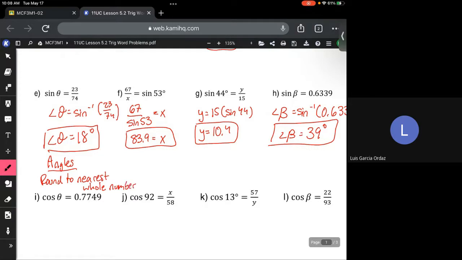And for the sides, you're going to round to whatever decimal place I say. So round to the nearest decimal place that is specified. For example, if I say round to the nearest tenth, that's the first decimal place. Hundredth is the second. Thousandths is the third. I don't think I'll ever go past the third one. So it's usually going to be tenths or hundredths.